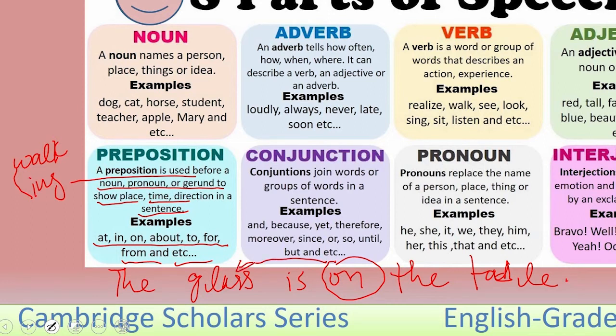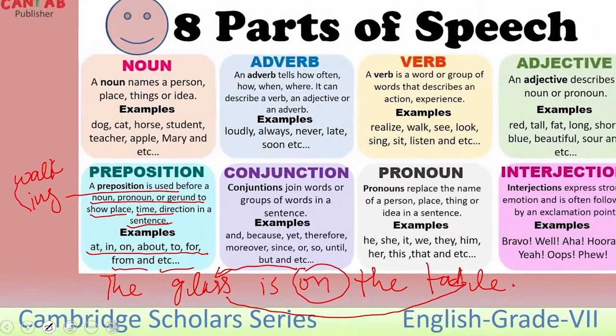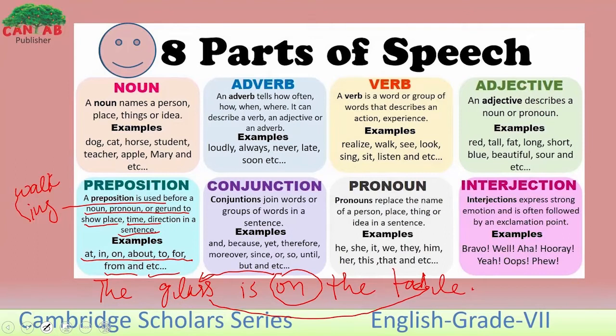It is telling you the direction of the glass, the noun, that it is on the table here. So we can also say a preposition shows a direction or a relationship between nouns and pronouns.